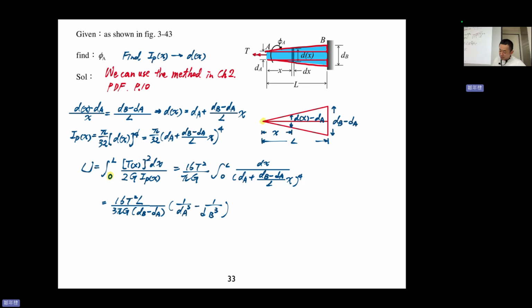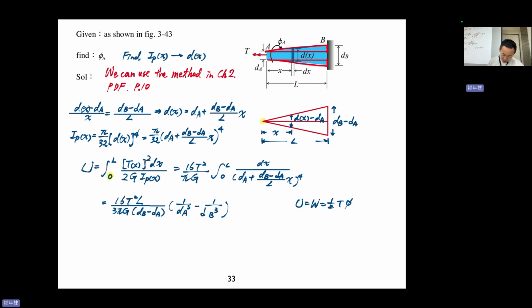Oh, by the way, after we've done the U here, our goal is phi A. What's the relationship between phi A and U? Now, U equals W equals half T phi.